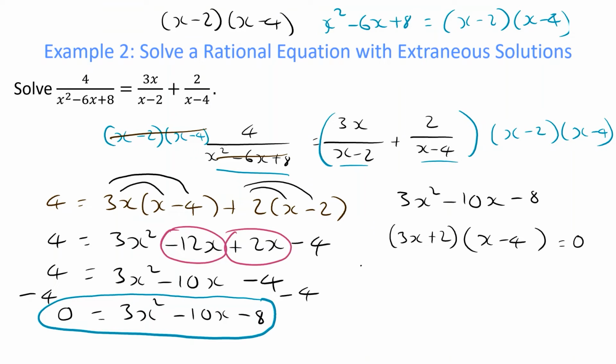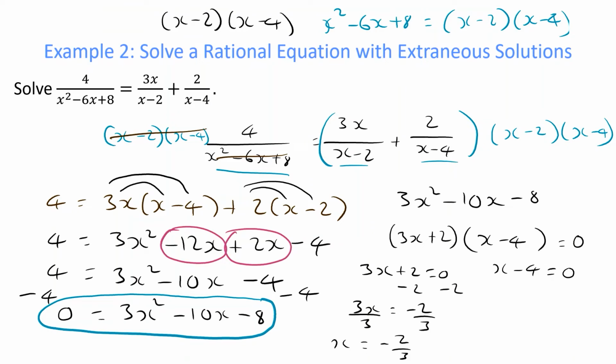So I will separate each bracket. So 3x plus 2 equals 0 and then x minus 4 equals 0. Minus 2 minus 2, 3x is equal to minus 2, divided by 3 divided by 3, x equals minus 2 over 3.